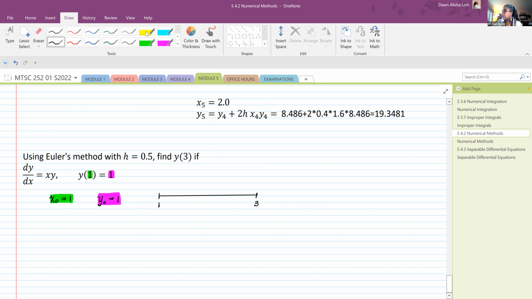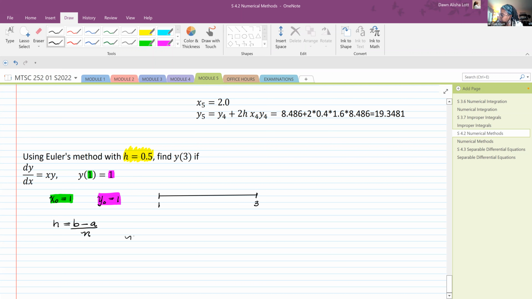And here's where we figure out how far we need to go. So h is our increment. Just like before, when we did the trapezoidal rule, Simpson's rule and the midpoint rule, we had h equal to b minus a over n. Well, now we're going to solve for n.